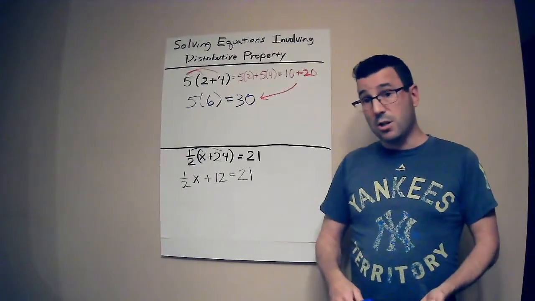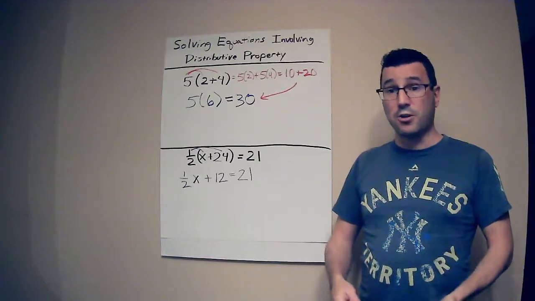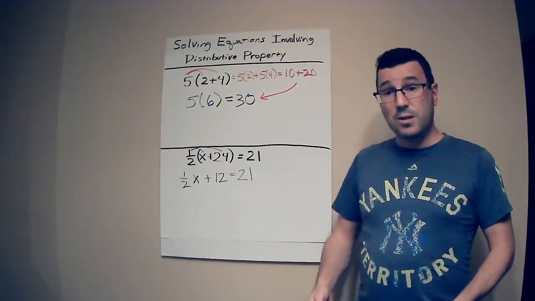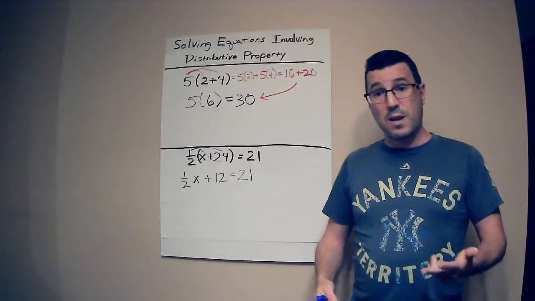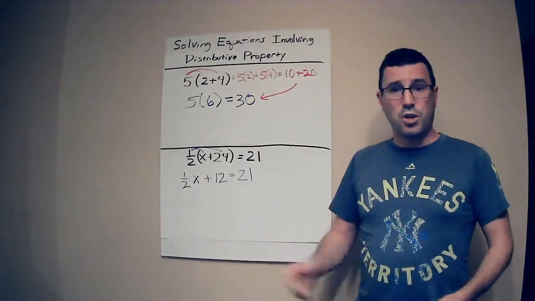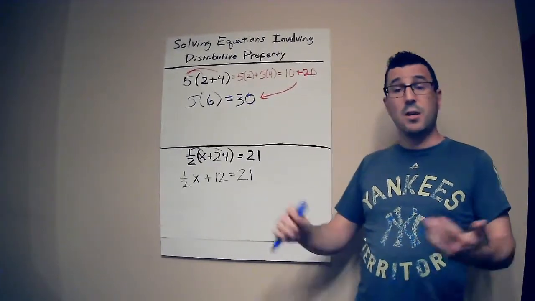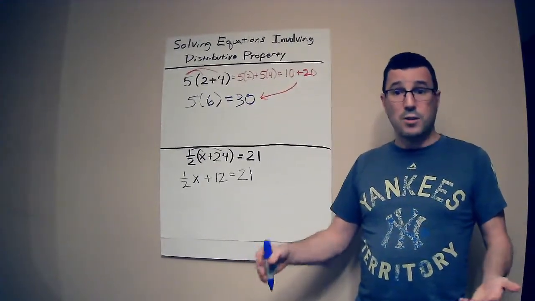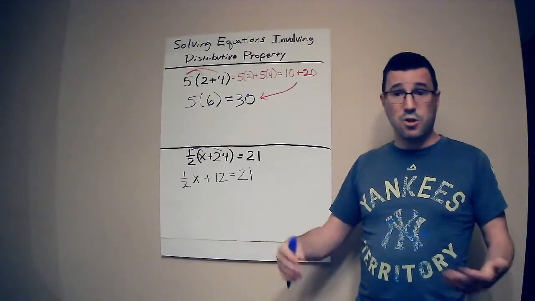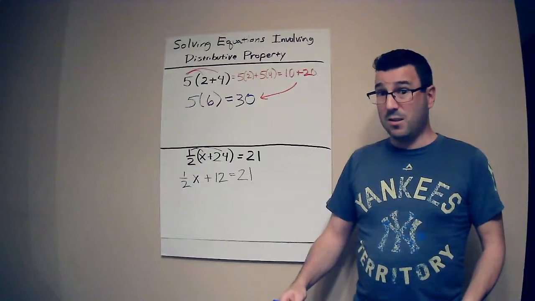The second question I always ask is, does this equation involve fractions? If the answer is yes, we have three options. First, we could just work with the fractions as is, finding common denominators and doing addition, subtraction, multiplication, or division. Most students don't like to do that.